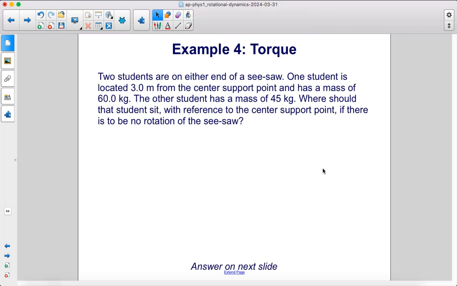Example 4. Two students are on either end of a seesaw. One student is located 3 meters from the center support point and has a mass of 60 kilograms. The other student has a mass of 45 kilograms. Where should that student sit with reference to the center support point if there is to be no rotation of the seesaw?